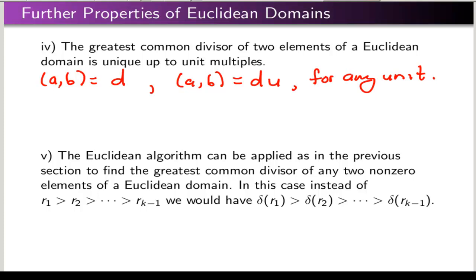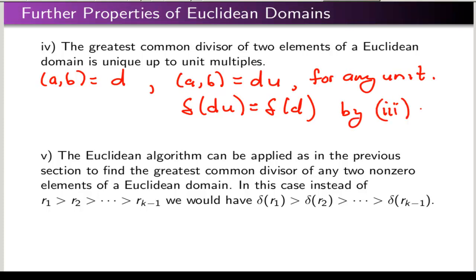Because if D is a common divisor of A and B, then D times U is also a common divisor of A and B, and delta of D times U equals delta of D by item 3 that we just looked at. If two things differ by a unit multiple, then they have the same delta value.